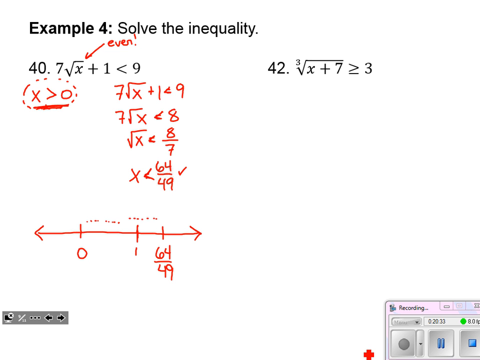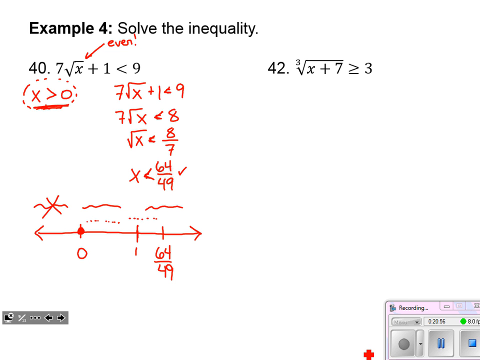So we're going to basically check each of these 3 regions of our number line to see where our solutions happen. So I know that if I plug anything in that is less than 0, I'm going to upset the radical. So I know there can be no solutions to the left of 0. Plugging 0 into the radical is just fine, so that gets a solid dot on the number line.